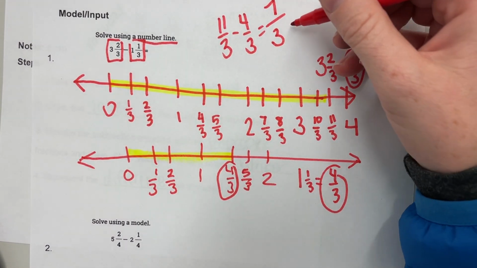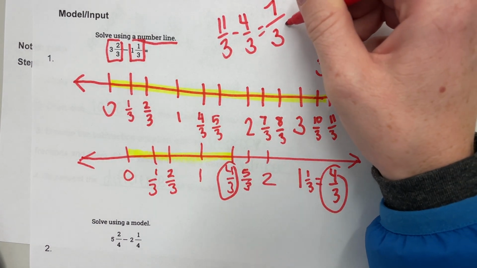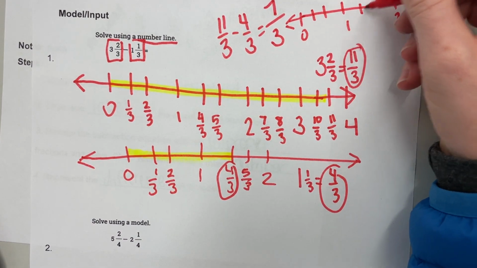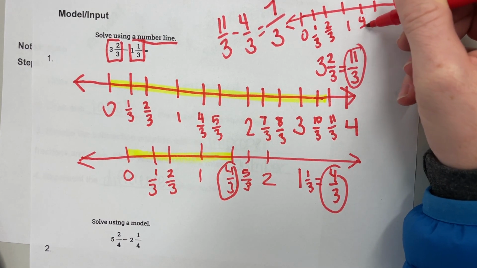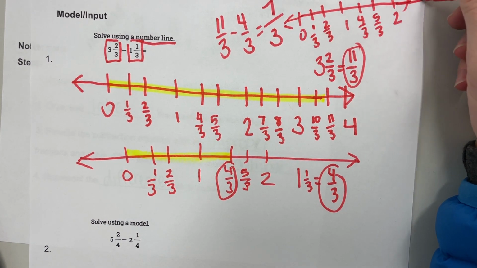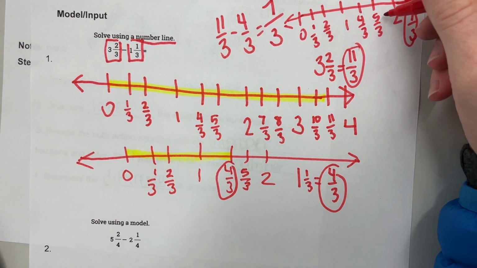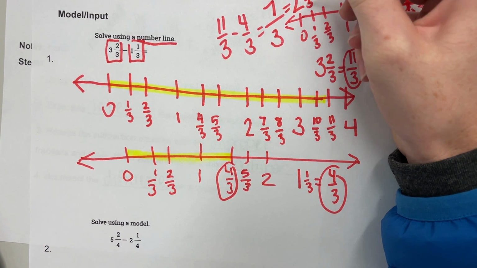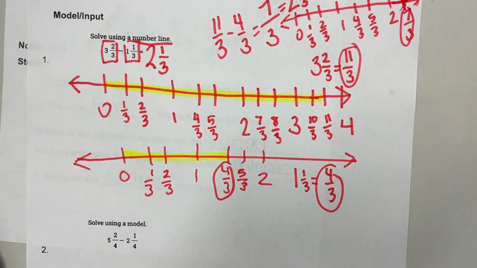Now I need to figure out my mixed number for 7/3. 0, 1, 2, 1/3, 2/3, 3/3, 4/3, 5/3, 6/3. Oh, I need to extend my number line. For 7/3, if I look here, I have 2 and then 1 of the thirds. So my answer would be 2 1/3.